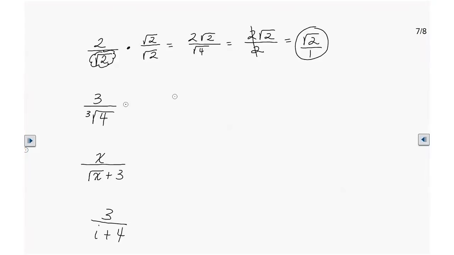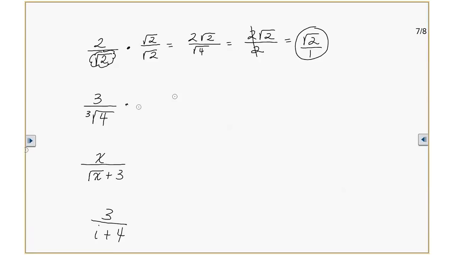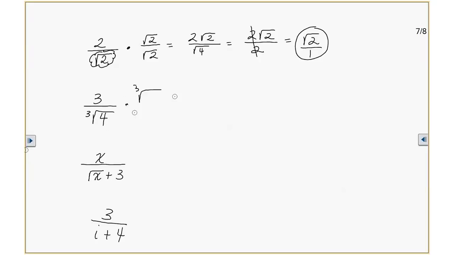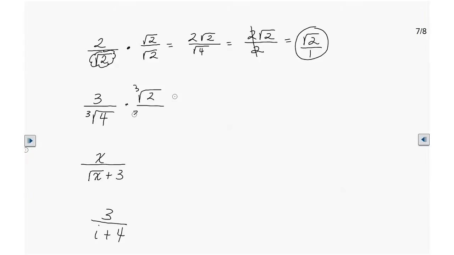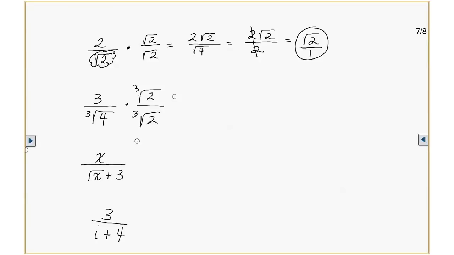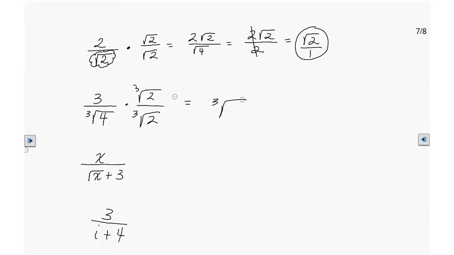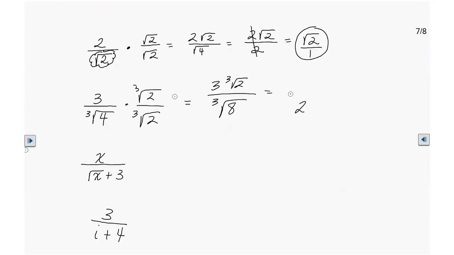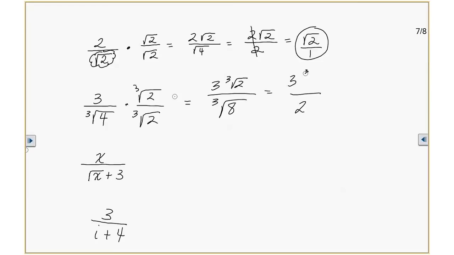Now the biggest problem students have here is they're still thinking in terms of square roots. You're not. You're thinking in terms of cube roots. Cube root of 2, cube root of 2. What is the cube root of 2 times the cube root of 4? Cube root of 8. And 3 times the cube root of 2. And the cube root of 8 is 2. And 3 cube root of 2. And that's your final.